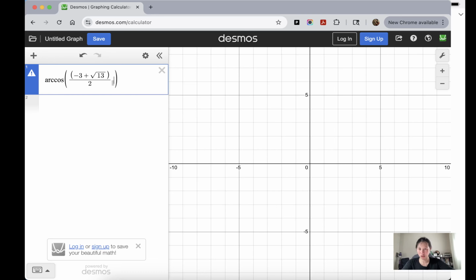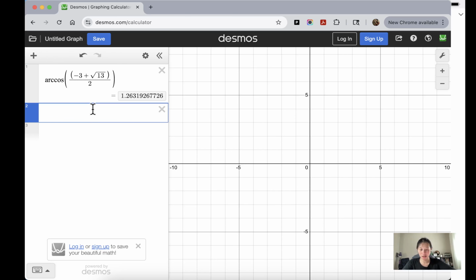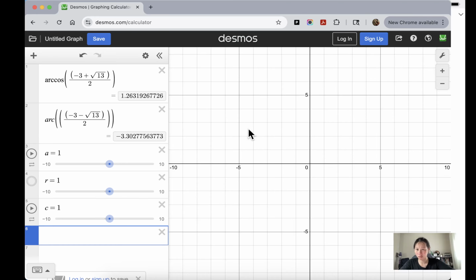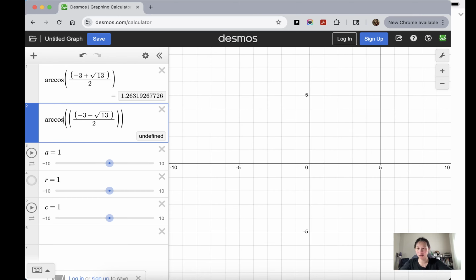This is equal to what? 1.263, and the second one is arc cosine, same thing, except we're changing this to become a negative. Okay. Oh, this is undefined.